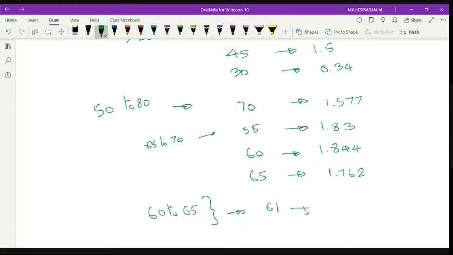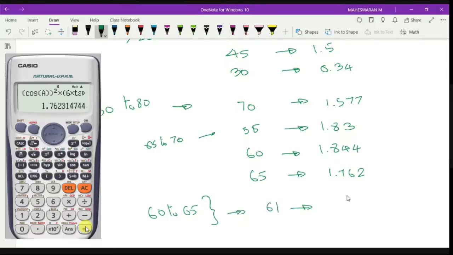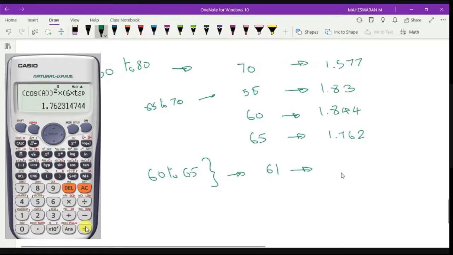Let me give 61. 1.839, it is reducing. Okay, 60.5.